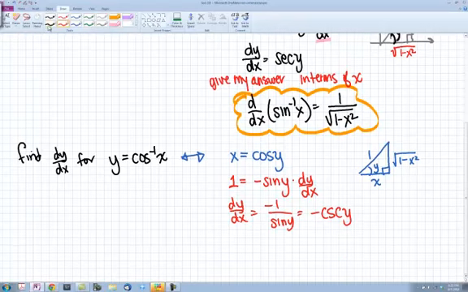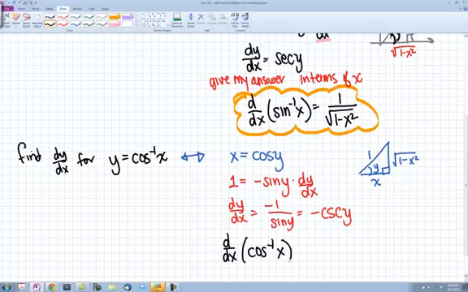So again, we want to write our answer in terms of x. So the derivative of inverse cosine of x is going to be negative cosecant y. Cosecant is the reciprocal of sine, which is hypotenuse over opposite. So 1 over the square root of 1 minus x squared.